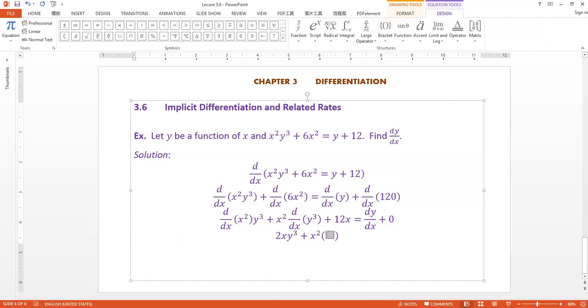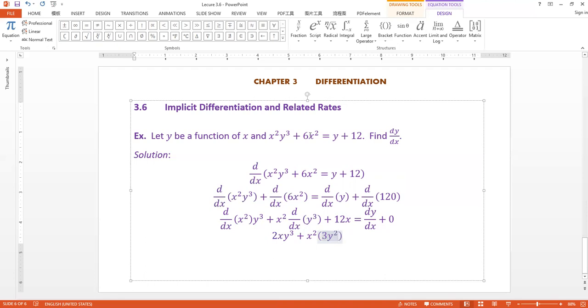We get 3 times y squared, because with the power rule you multiply by the power 3 and reduce the exponent by one, so 3 minus 1 is 2. But then y is a function of x itself, so we have to multiply by the derivative of y with respect to x.